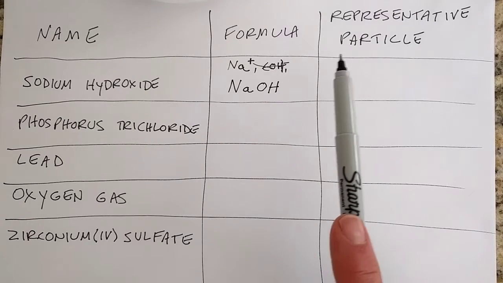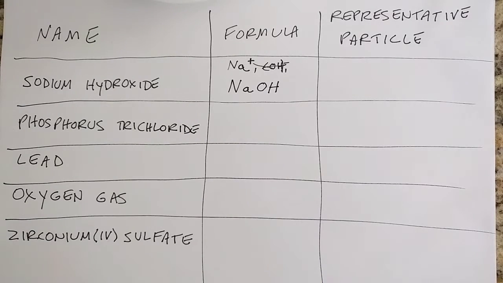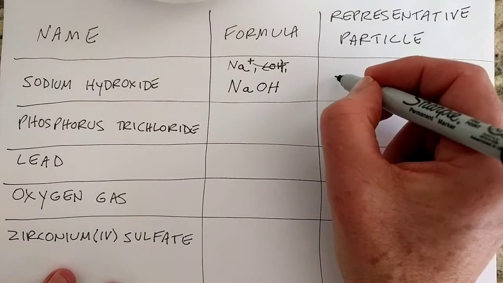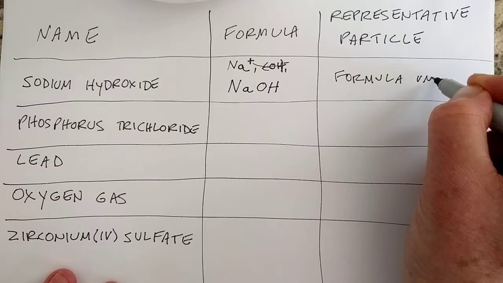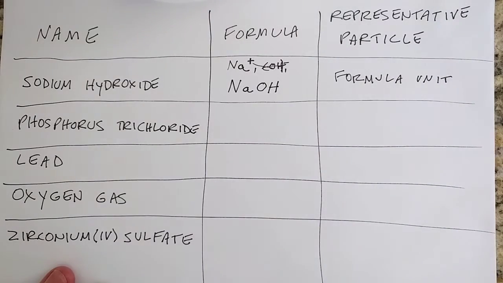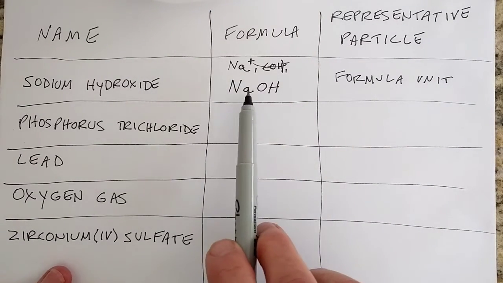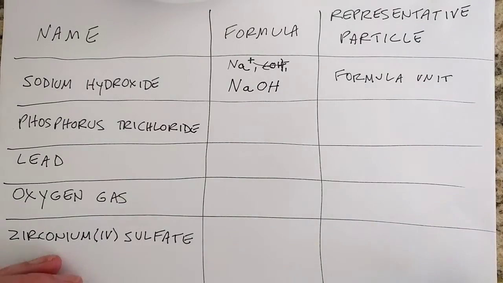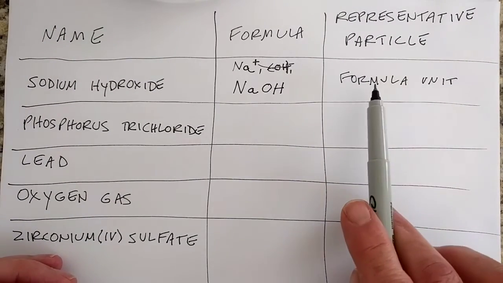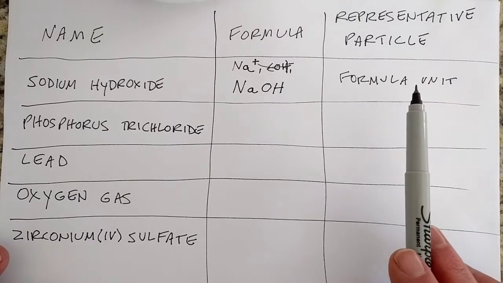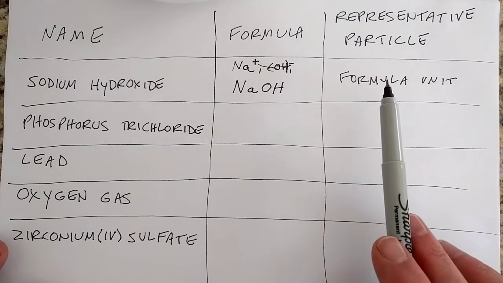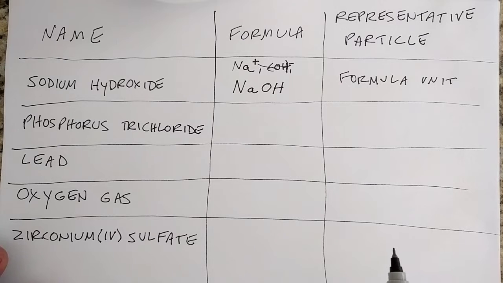The smallest particle that we can have is called the formula unit. A formula unit of sodium hydroxide would have 1 sodium ion and 1 hydroxide polyatomic ion. The definition of formula unit is the lowest whole number ratio of ions in the compound.